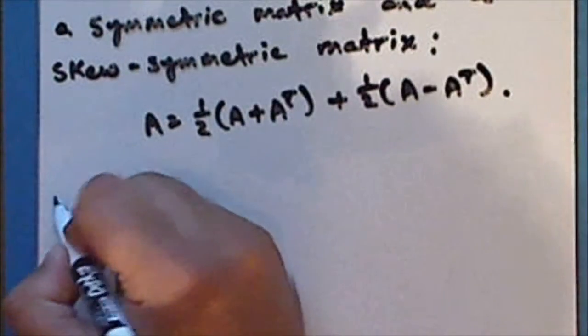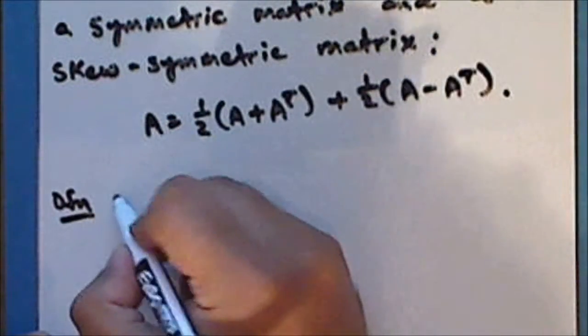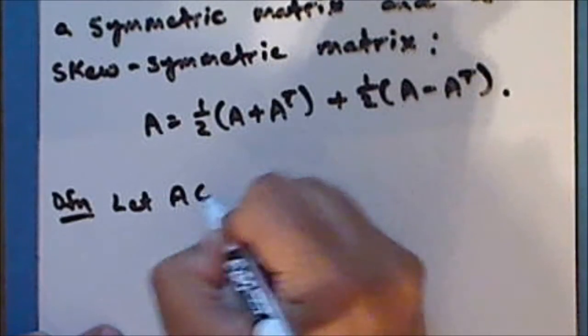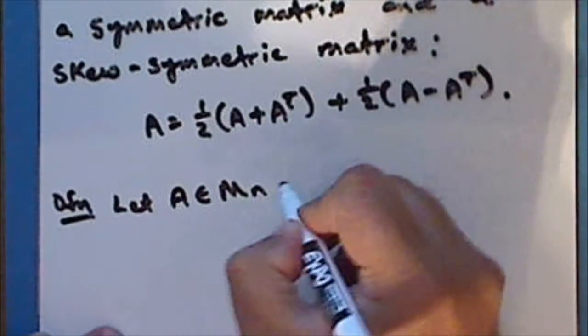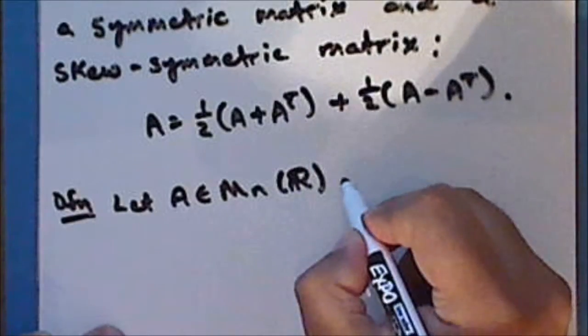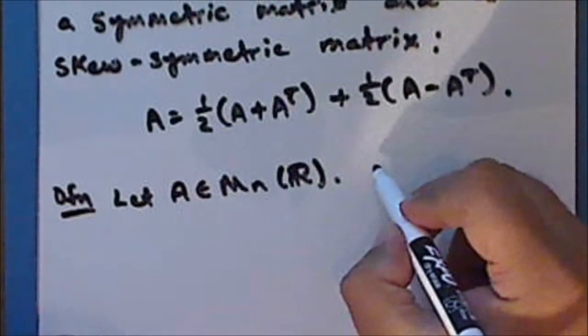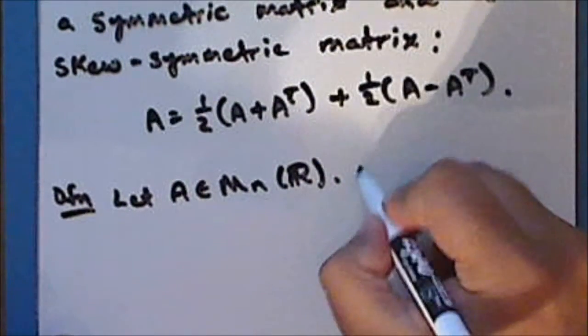So new definition: let A be a square matrix of order n with real entries.